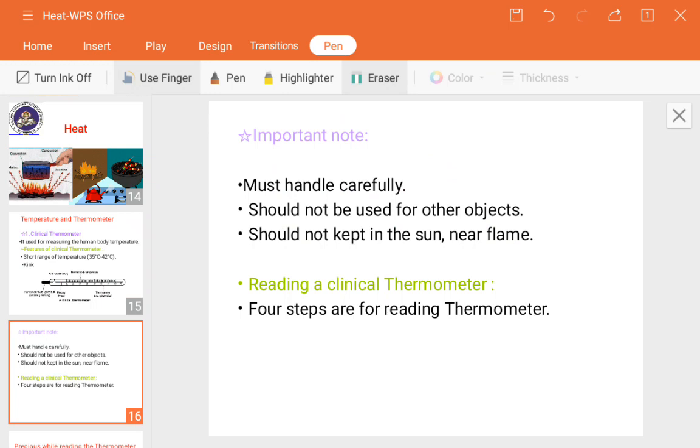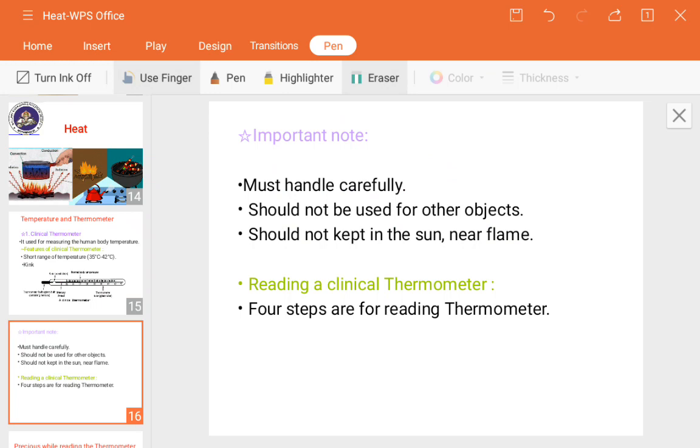After measuring the body temperature of a patient, we have to wash it with the help of antiseptics, so that it cannot become contaminated with any other microorganism.